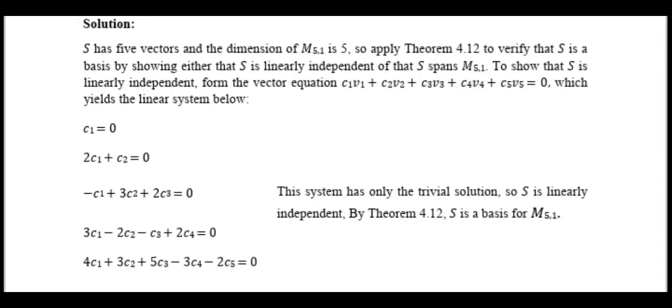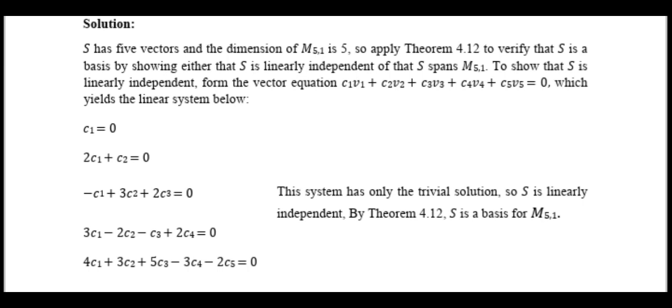Solution. S has 5 vectors and the dimension of M5,1 is 5. So apply Theorem 4.12 to verify that S is a basis by showing either that S is linearly independent or that S spans M5,1.